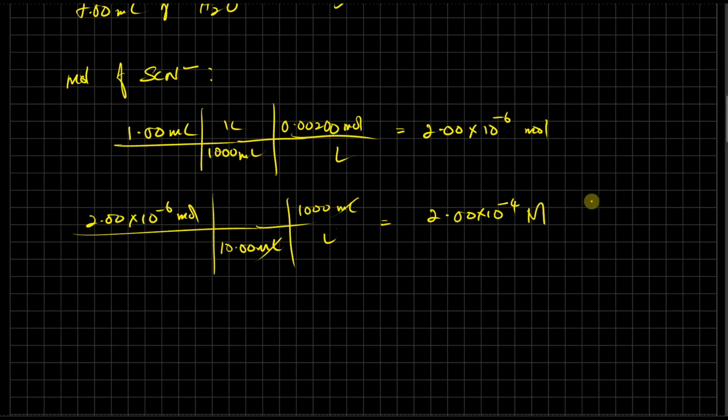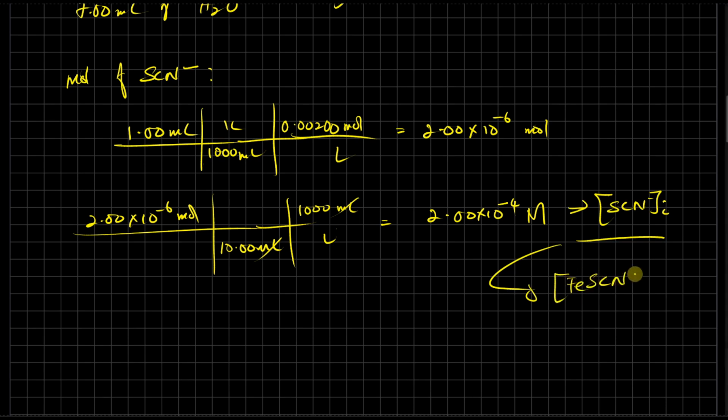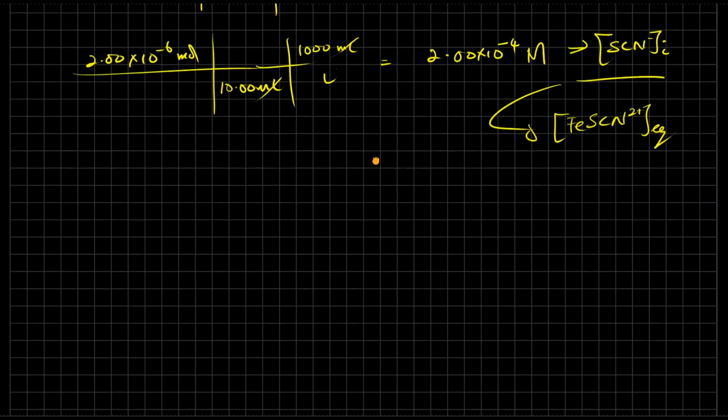So this is your concentration of thiocyanate to begin with, which in this first set is also, approximately, the concentration of your iron thiocyanate at equilibrium, but it'll be enough for now.